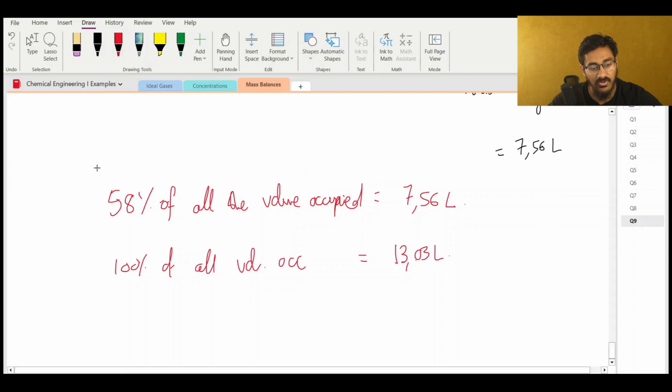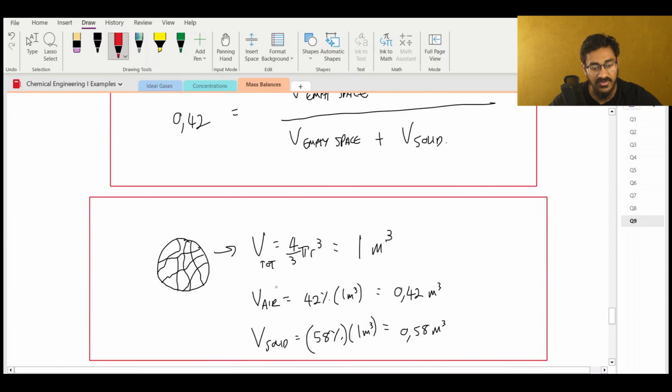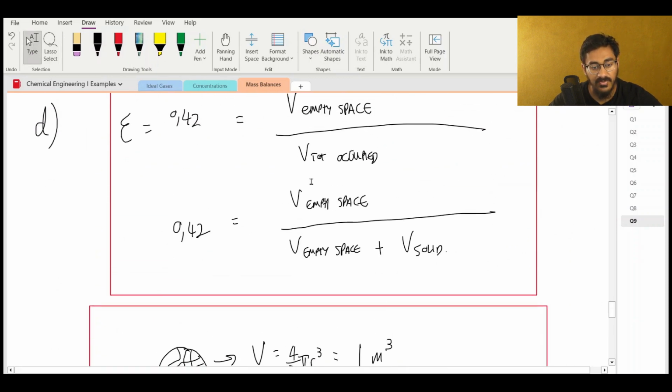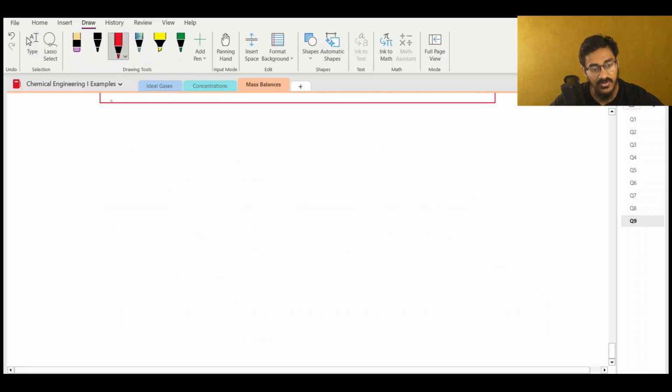And if you're happy with that, that's okay. But let's try and use the equation that we have here, because I think this is a good way to express it, right? 0.42 is equal to the volume of empty space over the volume of empty space plus the volume of solid. So I want to use that equation, okay?